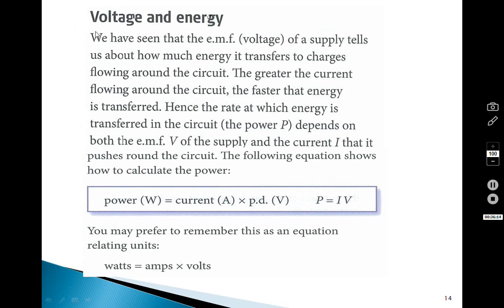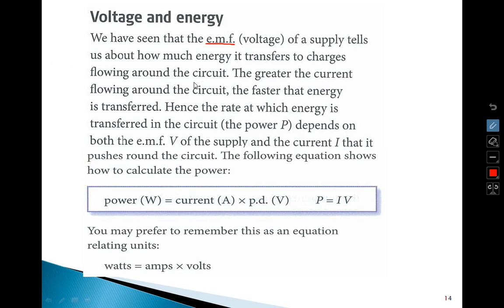Now we will look at the relation between voltage and energy. We have seen that the EMF or voltage of a supply tells us how much energy is transferred to the charges flowing around the circuit.